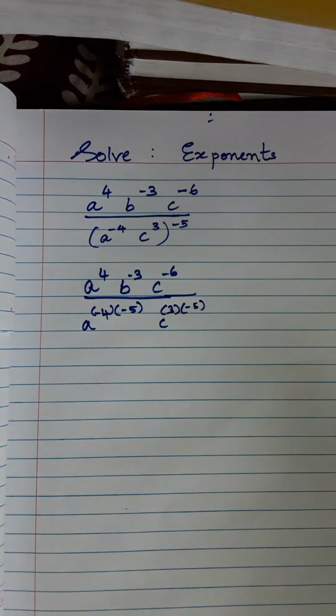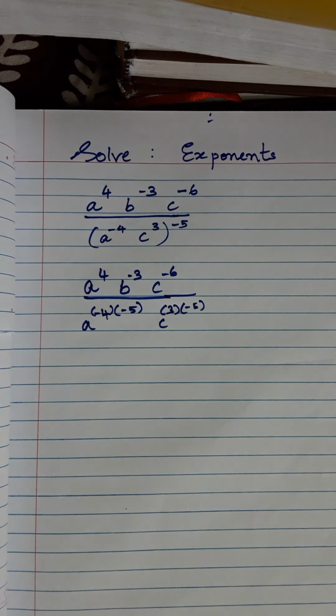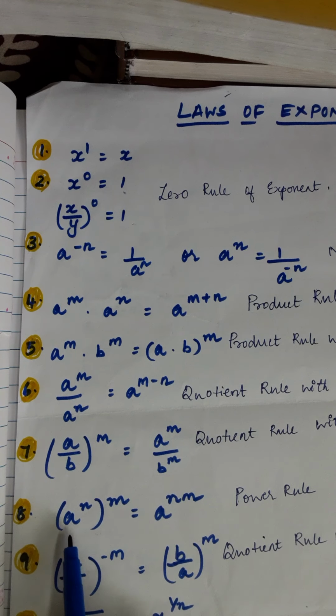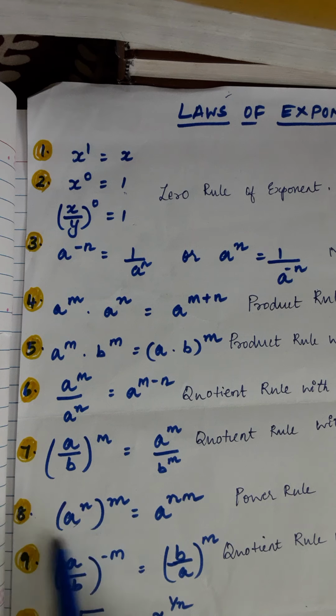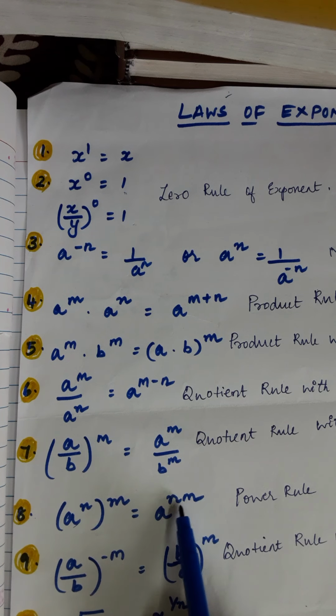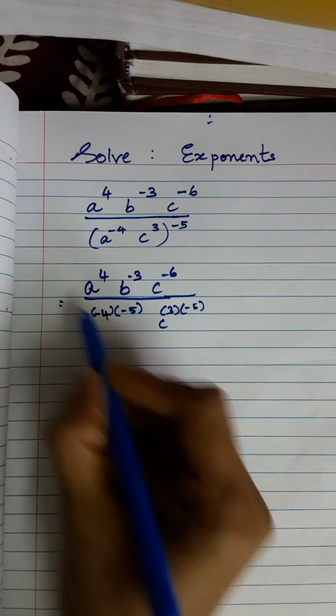This is the power of power rule: a to the power m, and again you have one more power n, means you multiply the powers, a to the power mn. That is what I'm applying here.